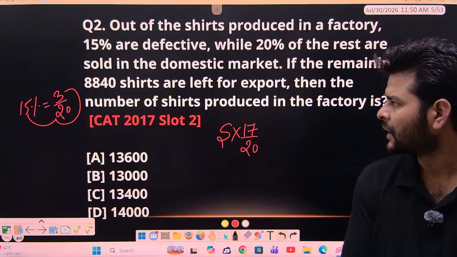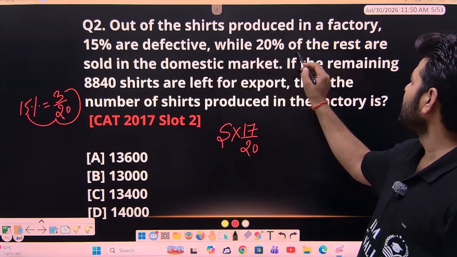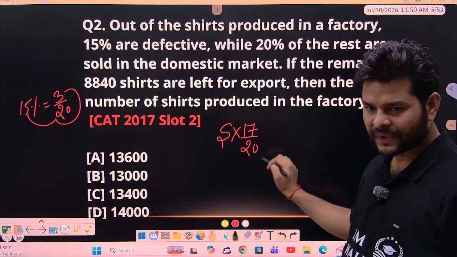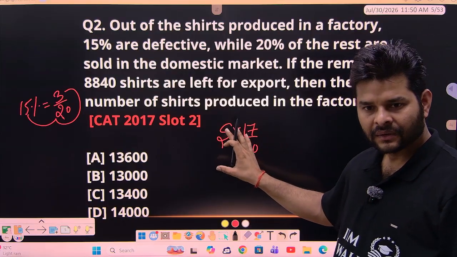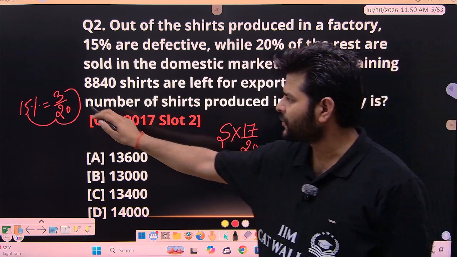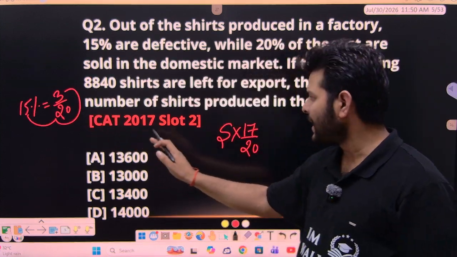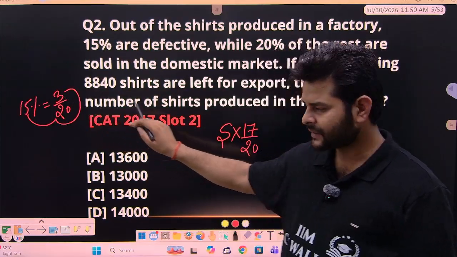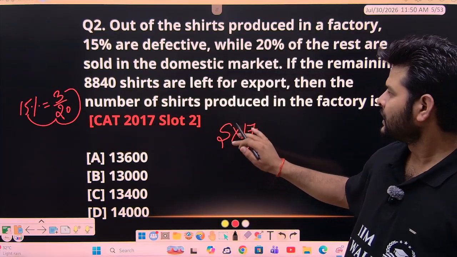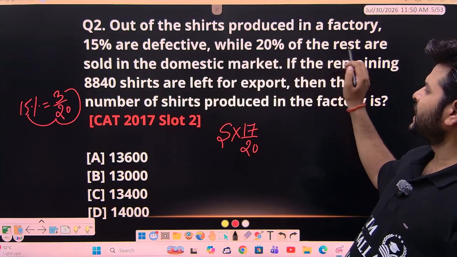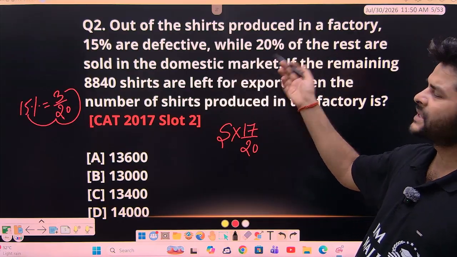Got it? Now, 20% of the rest means this one. The total was 3 upon 20, and after reducing 3, this is the rest. 20% of the rest are sold in the domestic market.